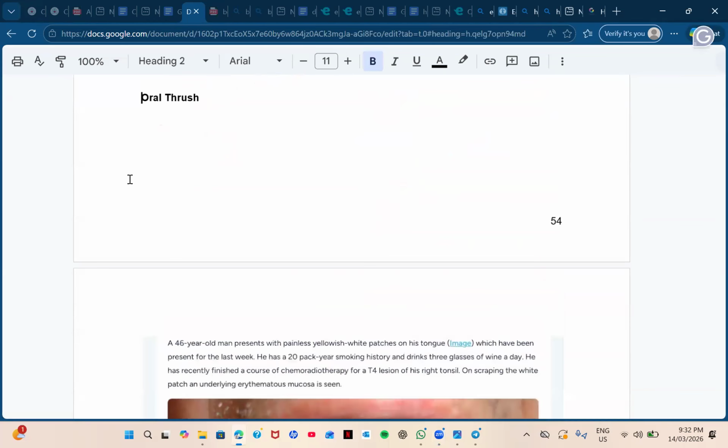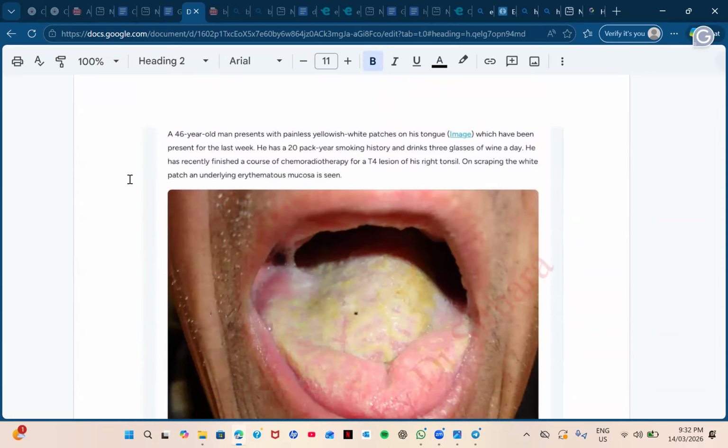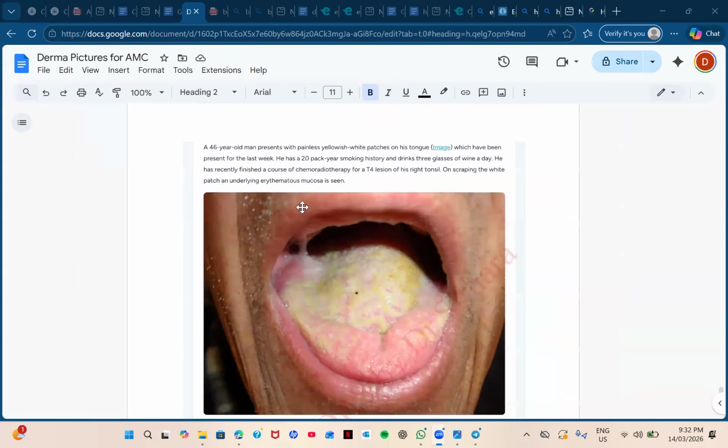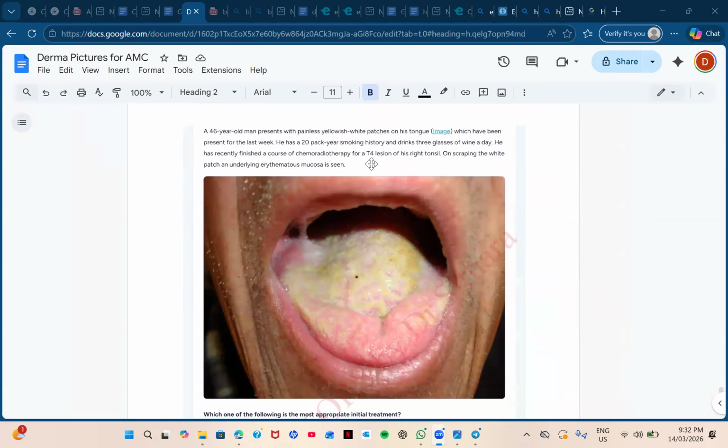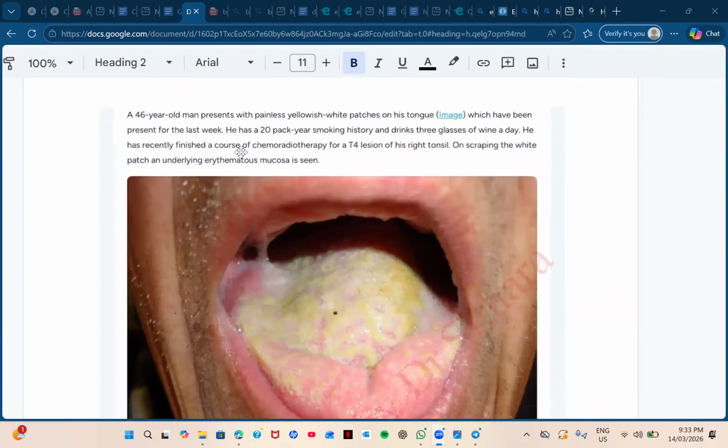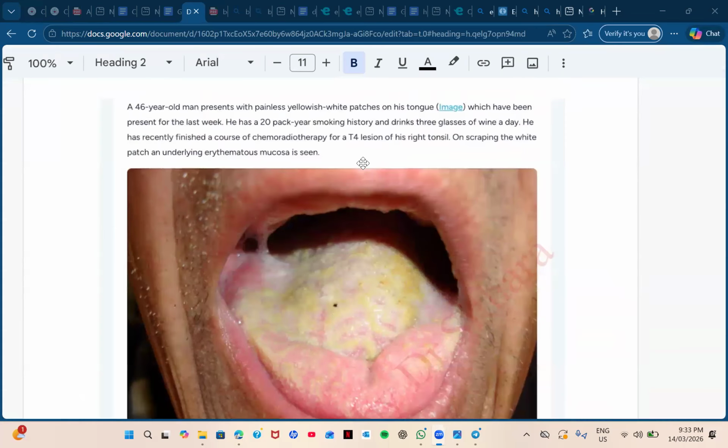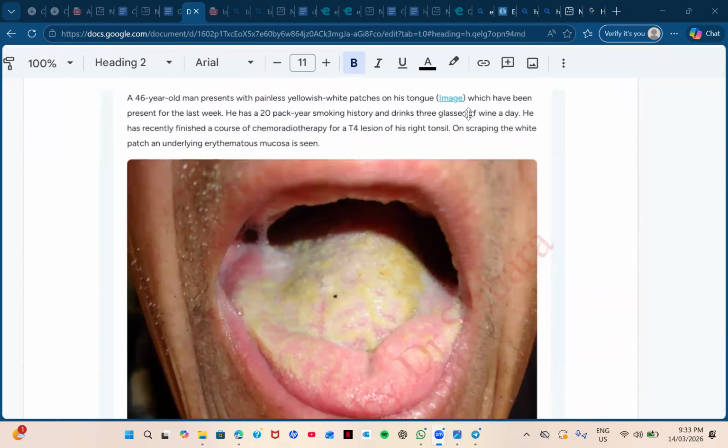A few more things you should know about oral thrush. So, what do you know about oral thrush? Okay, we'll do this question. A 46-year-old man presents with painless yellowish white patches on his tongue, present for the last week. He has a 20 pack-year smoking history and drinks 3 glasses of wine a day.